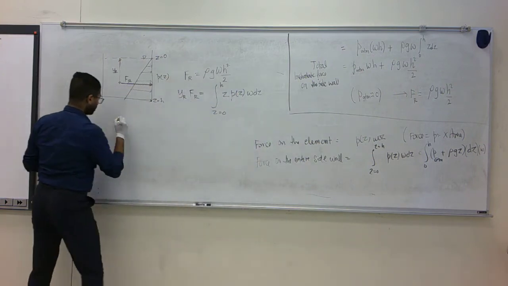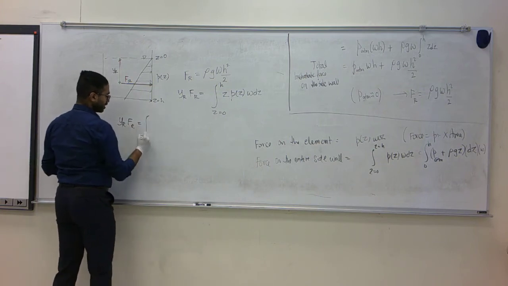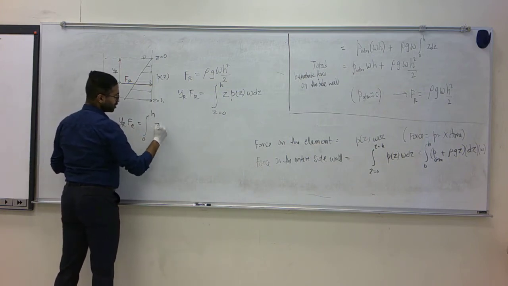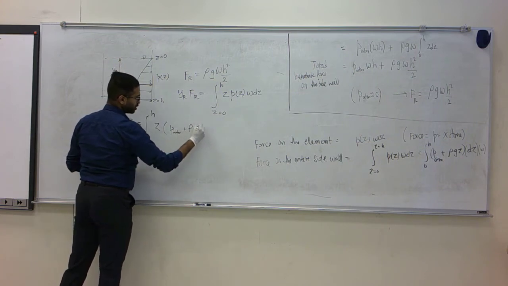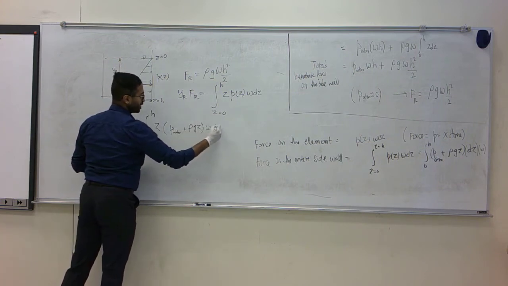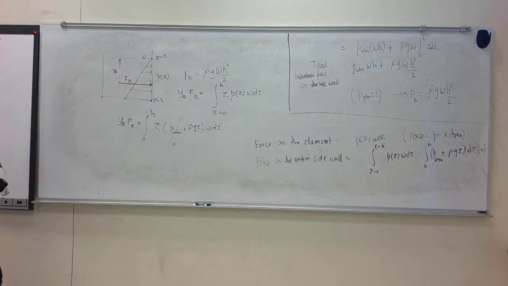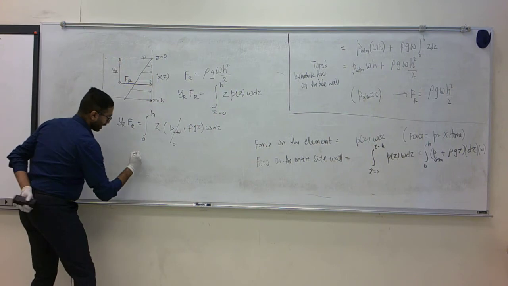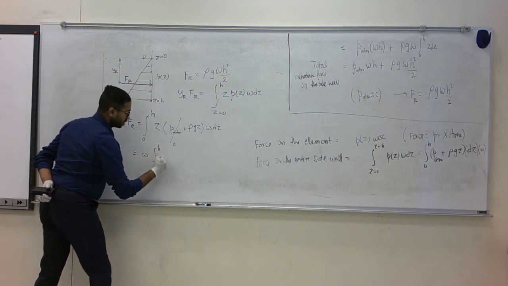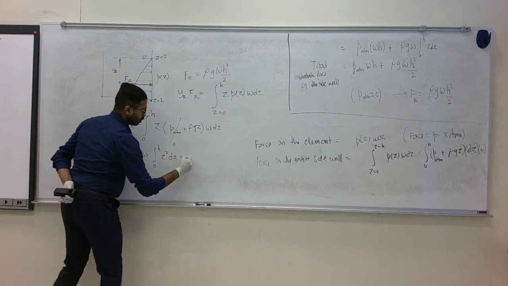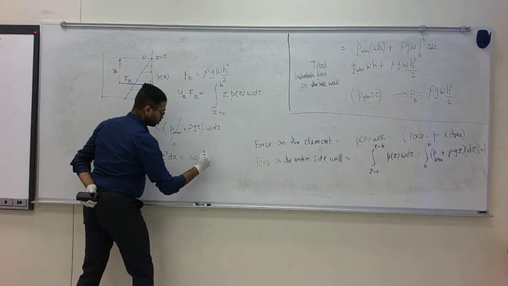I have yr times Fr equals integral 0 to H Z times P atmosphere plus rho G Z, W dZ. I just assume that P atmosphere is 0 or very small. So I have W times the integral 0 to H of Z squared dZ, which is W times H cubed over 3.